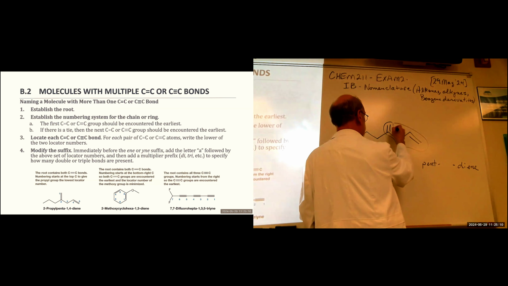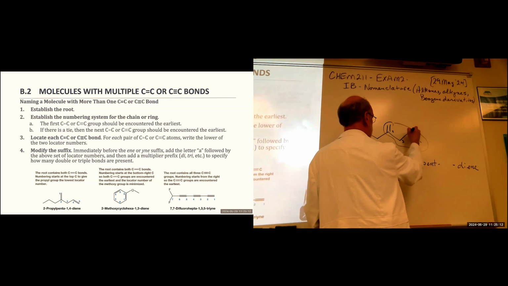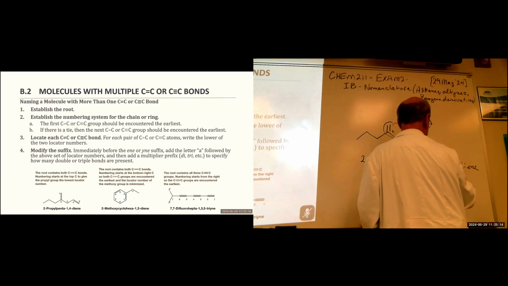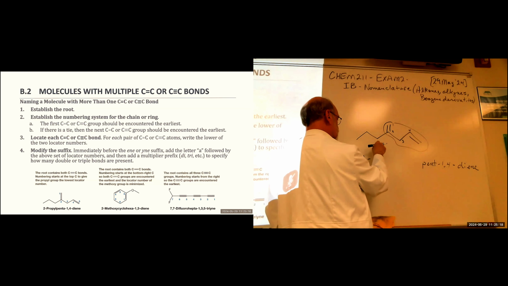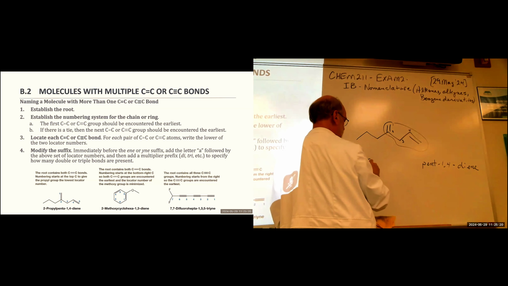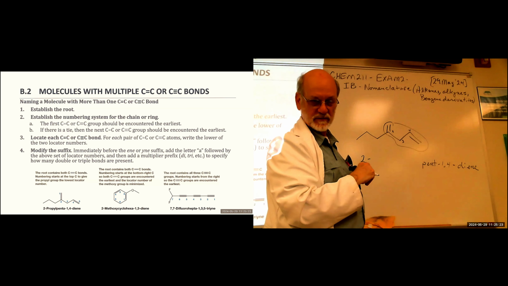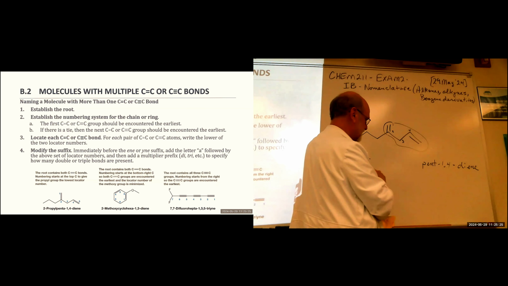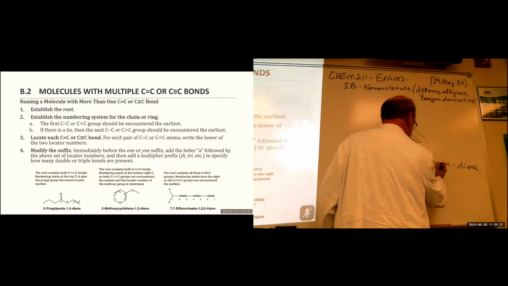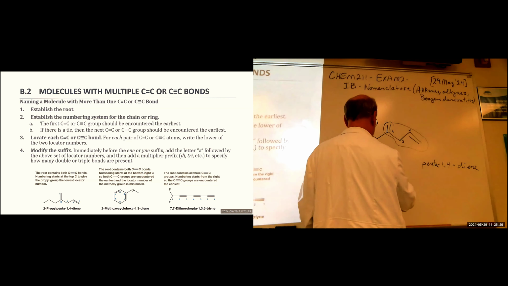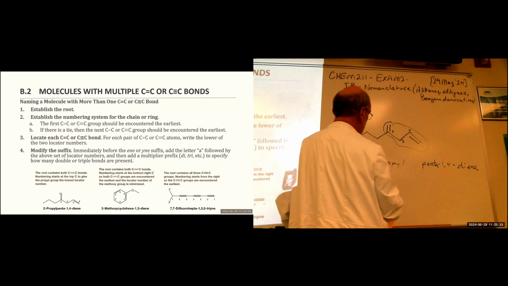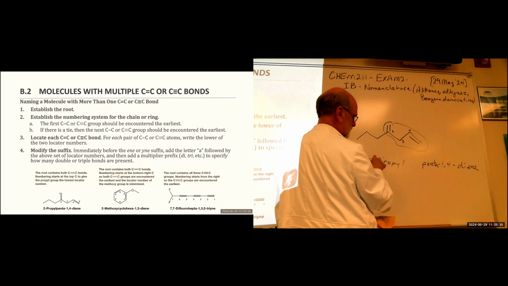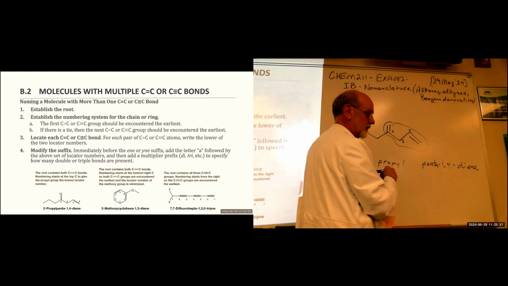So if we start from here, that's a 1,4-diene. And that makes this a 2-(1,2,3) propyl. Oh, I left off the penta. So 2-propylpenta-1,4-diene.